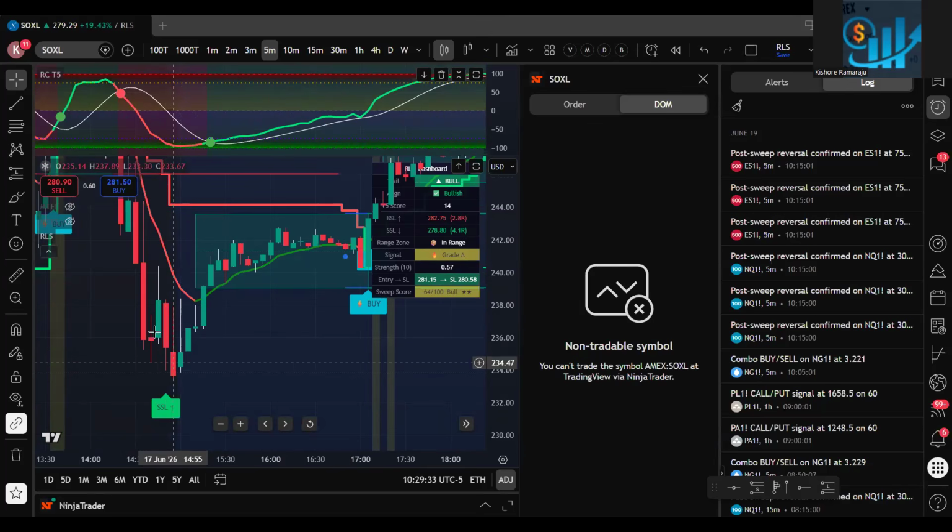We'll add the modification: instead of just one candle, if we see a second candle also. The next candle also dropped, but after that again it made a huge bounce.